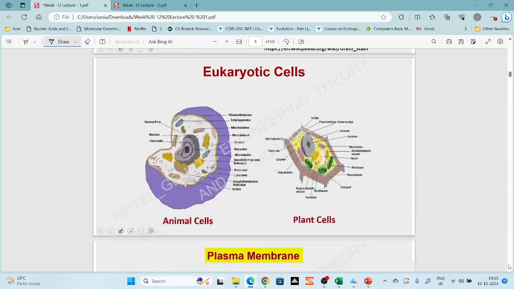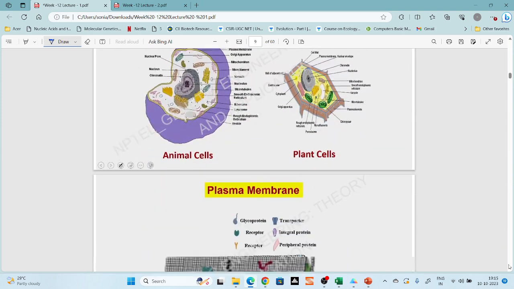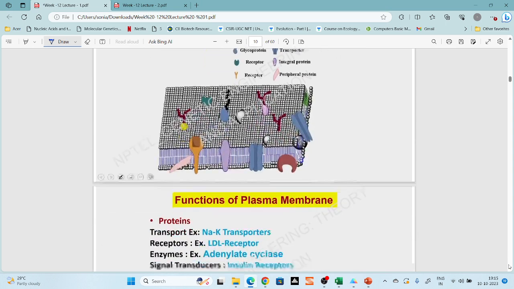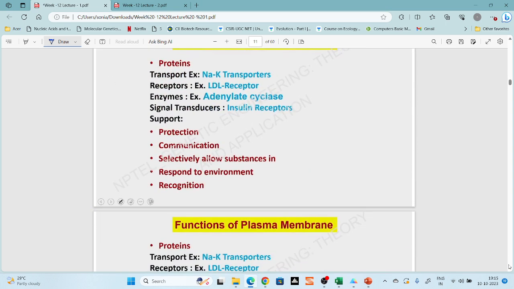Then you have eukaryotic cells, animal cells and plant cells, plasma membrane. Then what are the functions of plasma membrane? The plasma membrane has proteins, and those proteins can be used as transporters, receptors, enzymes, or they can be used to transduce signals in various metabolic pathways.